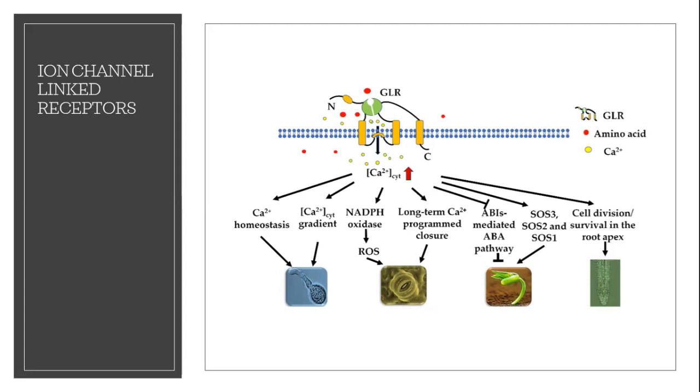It can even control the cell division in the root apex. So this is an example of an ion channel linked receptor. This is the first kind of receptor in signal transduction, that is, the ion channel linked receptor. I hope this is clear to everyone.